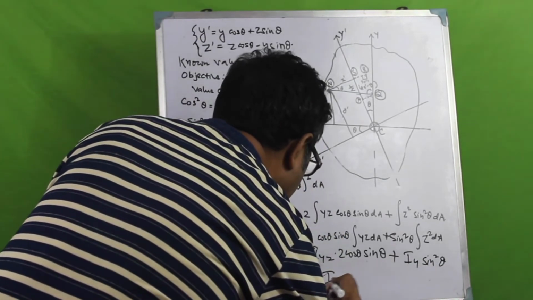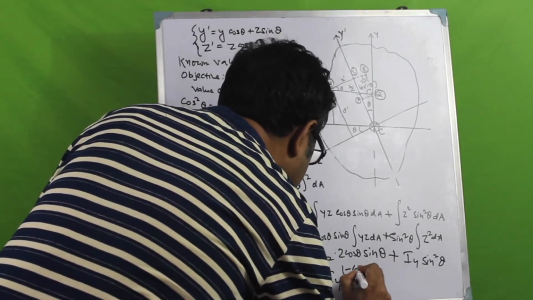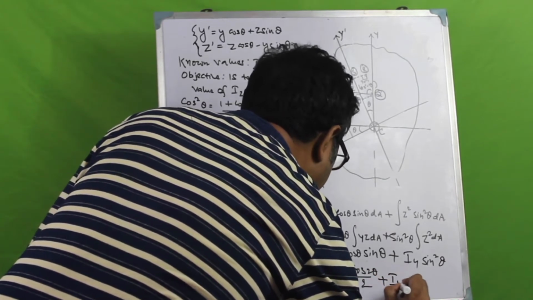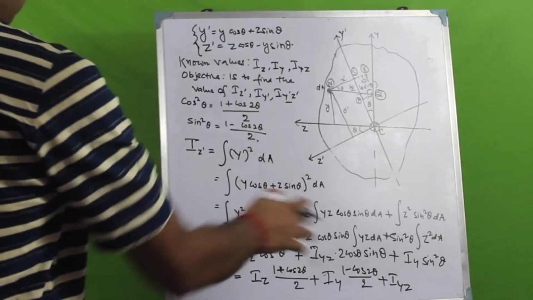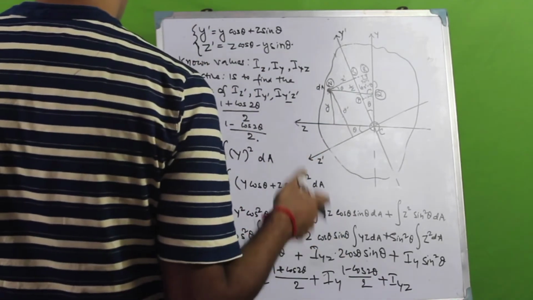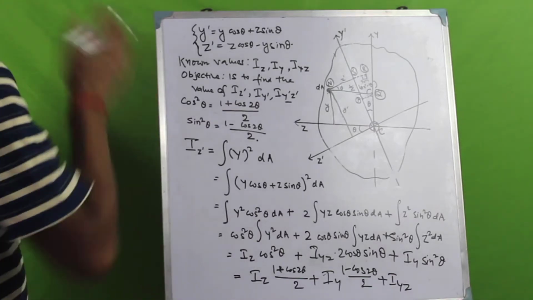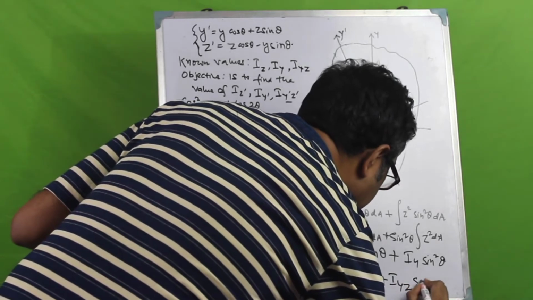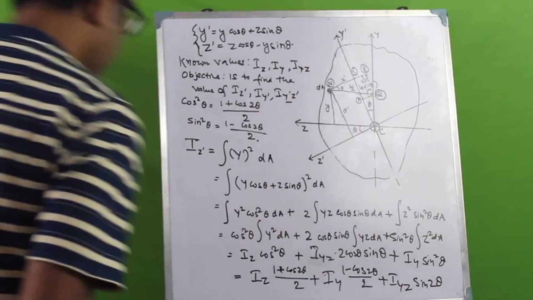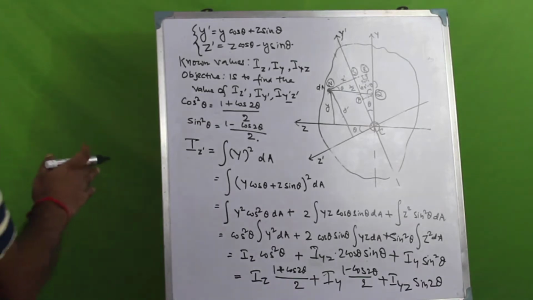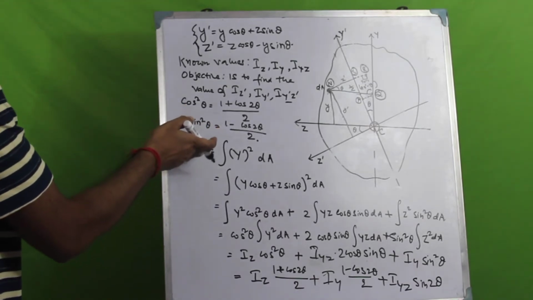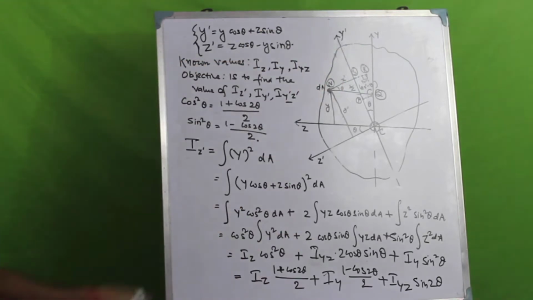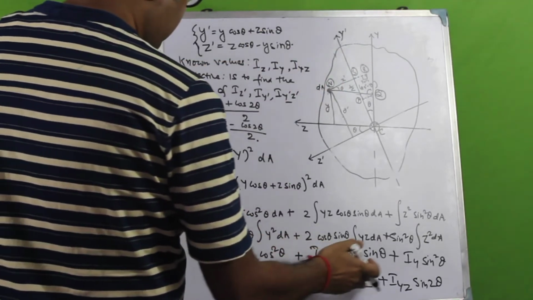So I write Iy times 1 minus cos 2 theta by 2, and finally Iyz. What I didn't write is that 2 cos theta sin theta is equal to sin 2 theta. This is another trigonometric identity that we will use. So sin 2 theta. So we have now calculated the moment of inertia about the new axis from the known values of Iz, Iy and Iyz.